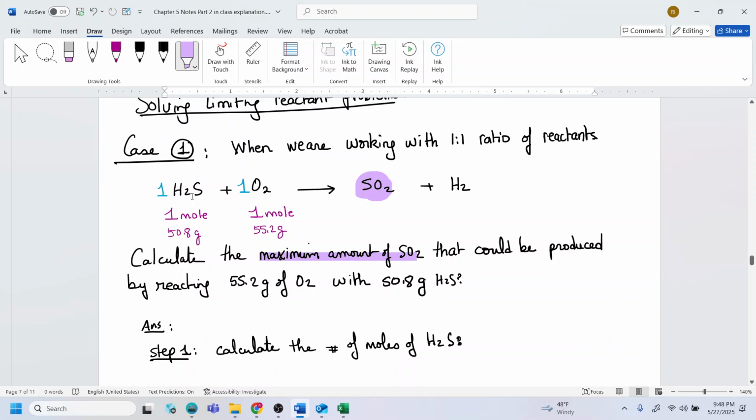So I am given the mass of each of the reactants. And I want to know how much I am going to get. What is the mass of the SO2 that I am going to get?